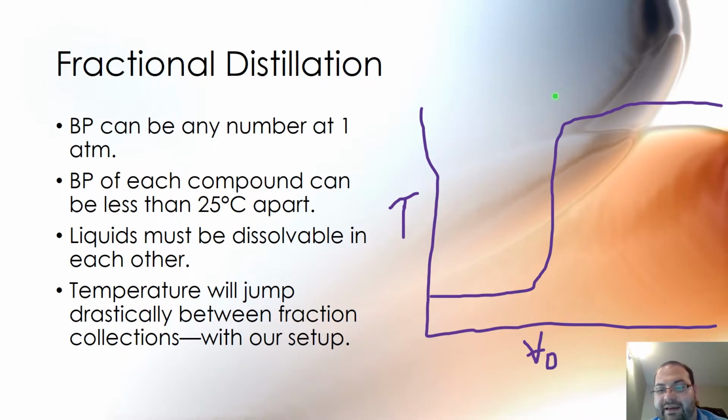The reason for that is the theoretical plates that exist in fractional distillation. One compound tends to come across first and be purified and then drained off, and then another starts going into the vapor phase more and continues on, and the temperature stays pretty constant during that process. You could keep going, and there'd be stair steps on stair steps of these different items coming out in the separation. So that is the advantage of fractional distillation.